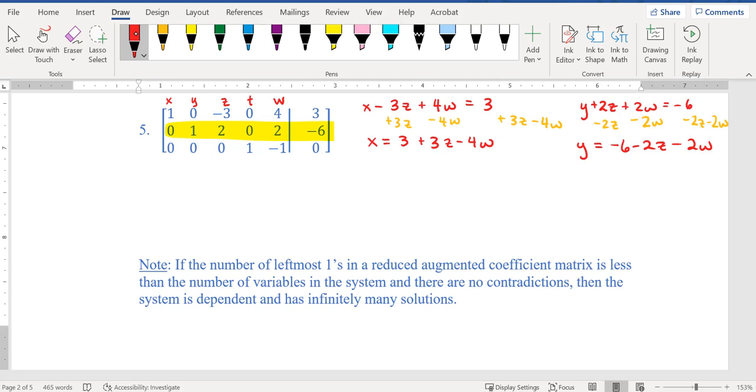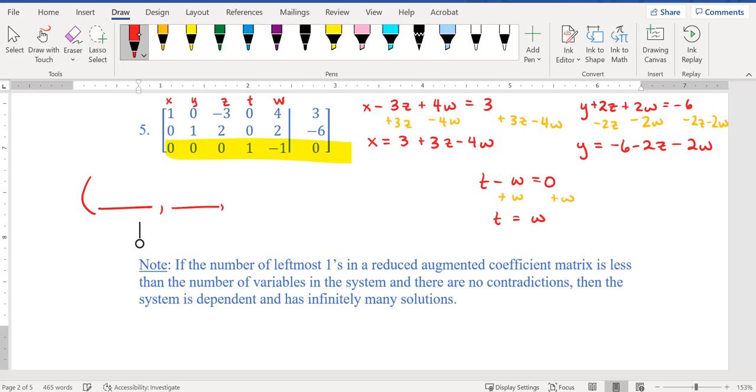So I solved for x, I solved for y. This third row tells me that t minus w equals 0. So solving for t, I get t equals w. All right, for my answer, I want an x, y, z, t, w.